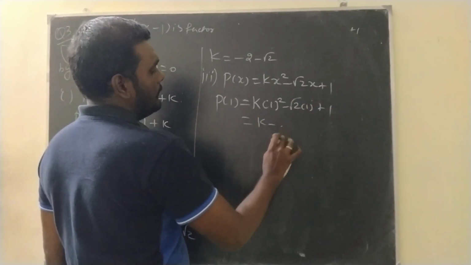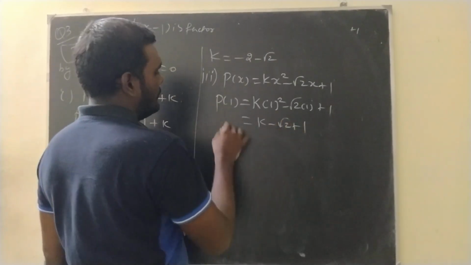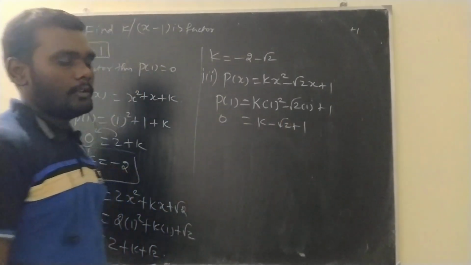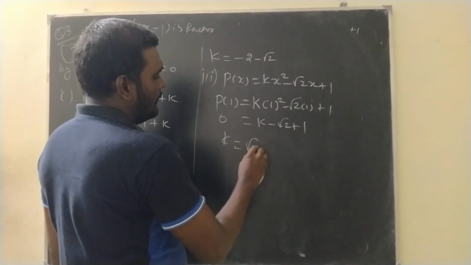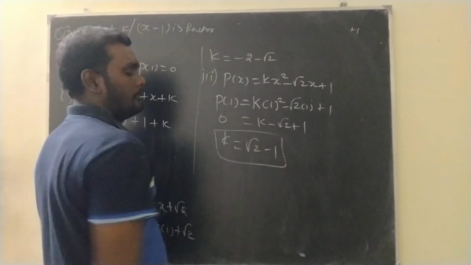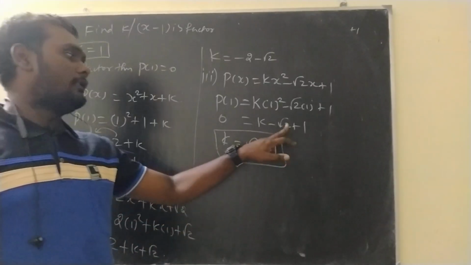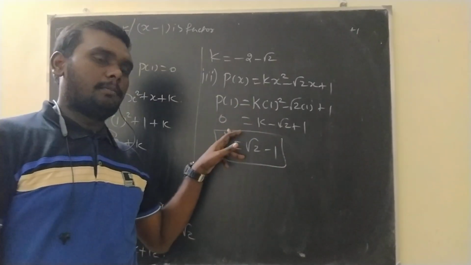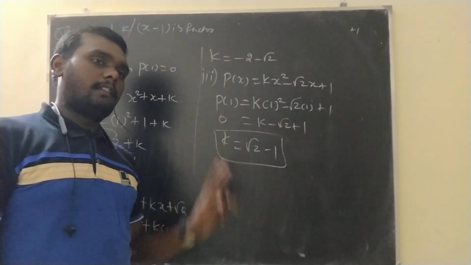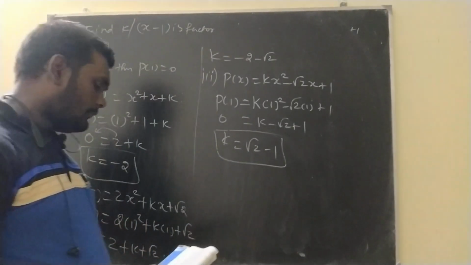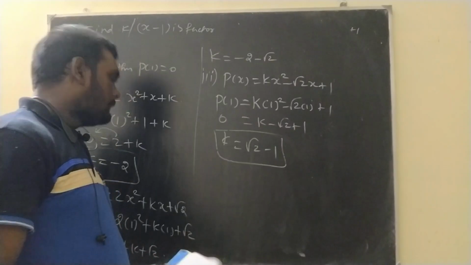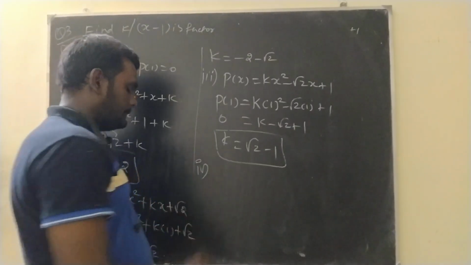So k minus root 2 plus 1 is equal to 0. P of 1 is 0, and k is equal to root 2 minus 1. When this minus root 2 is transposed to the other side, it is plus root 2, plus 1 to the other side means minus 1. Okay, and then the fourth subdivision.